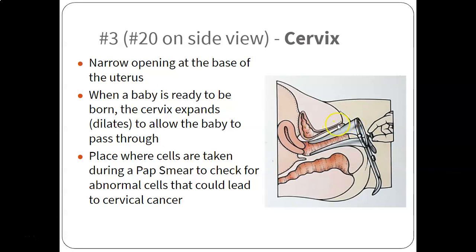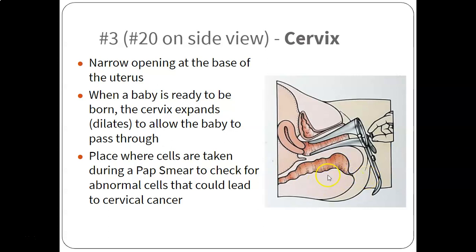Okay, so this is where urine leaves the body, from the bladder to the outside of the body. Then down below here, this is the rectum and the anus. So this is where bowel movements or poop or fecal matter leaves the body.